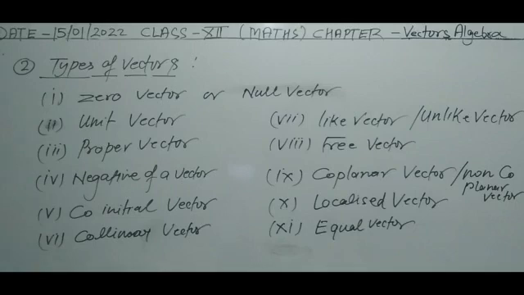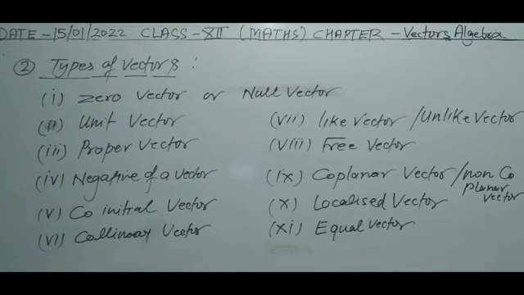A unit vector has magnitude 1, and a proper vector is a vector which is not 0. Then negative of a vector, co-initial vectors, collinear vectors, like vectors, unlike vectors, free vectors, and coplanar vectors, where all vectors lie in the same plane, and non-coplanar, localized vectors and equal vectors. Now I will come to the next.